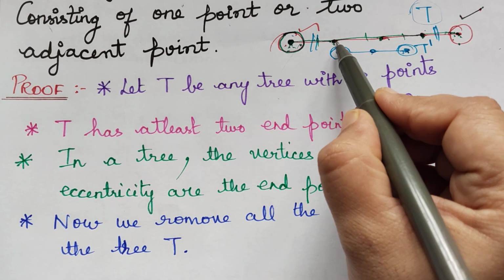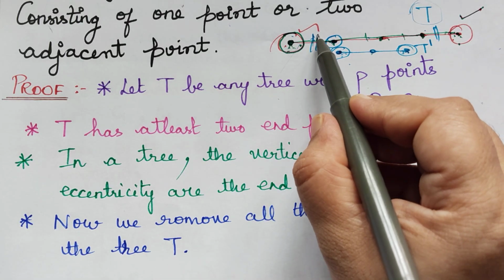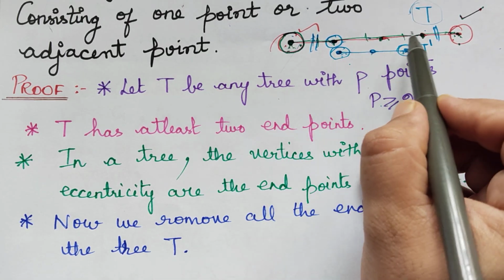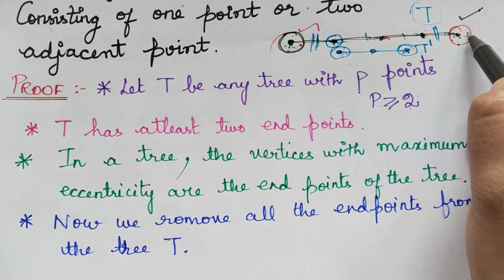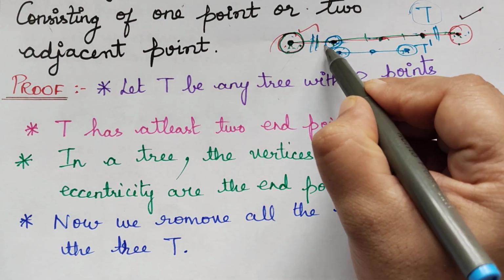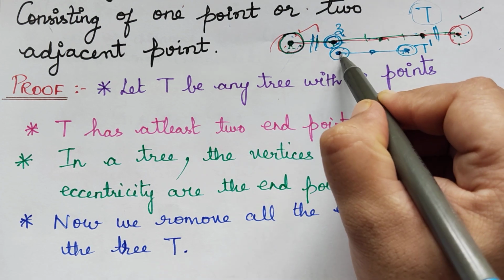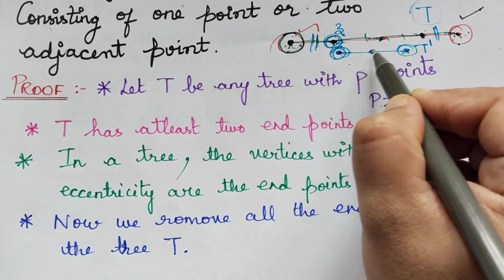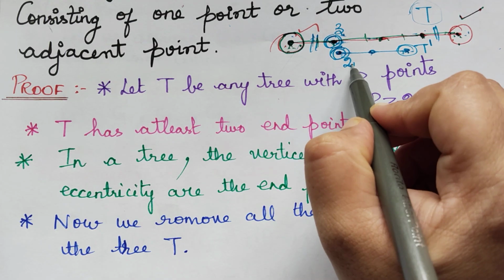For example, this point, what was the eccentricity in this graph? 1, 2, 3, the maximum eccentricity is 3, and so this is 3. The same point here has eccentricity 1, 2, 2 only, so exactly it is reduced by 1.